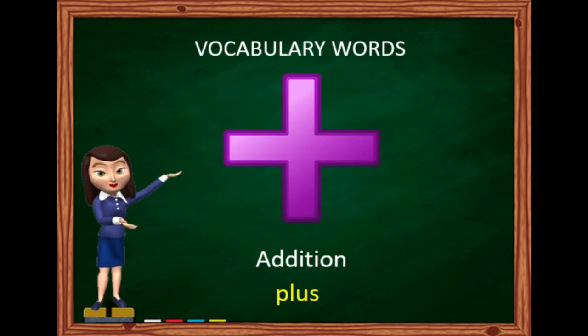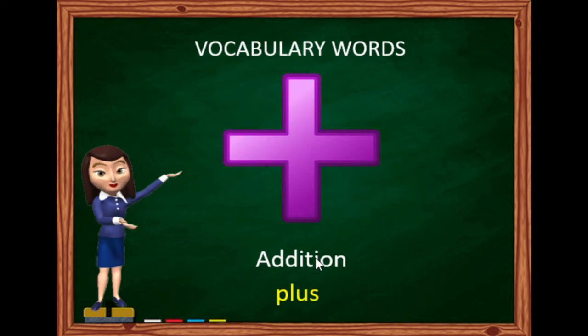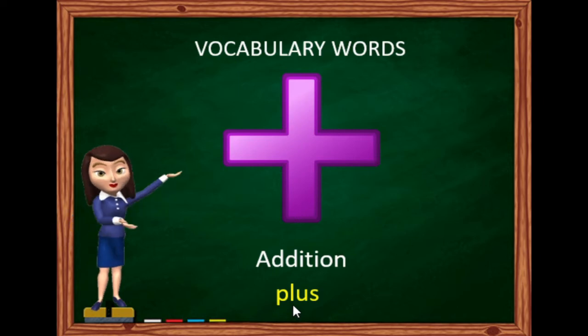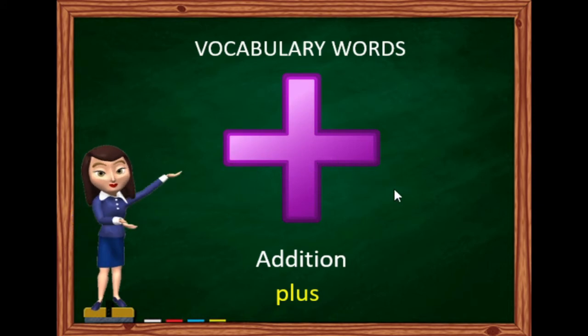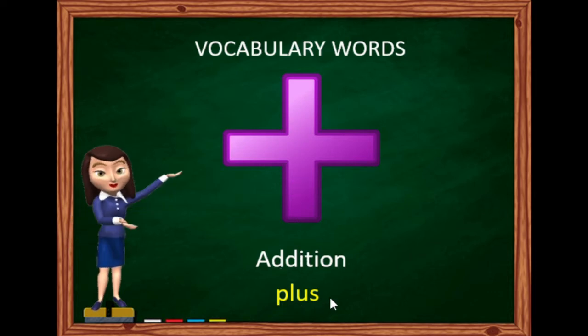When you apply addition in an operation, you don't have to say addition. You can say plus. Example, 1 plus 1. You don't say 1 addition 1, but instead you say 1 plus 1. Okay? Very good.